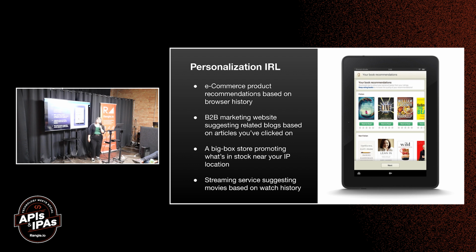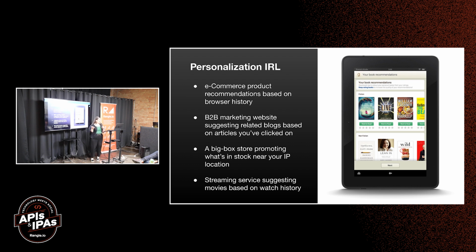So what does that look like IRL, in real life? You probably see it all the time on the internet. E-commerce product recommendations based on browser history: you search for some kind of product on a site, and it knows that you've looked for it there. A marketing site suggesting related blogs based on other articles that you've clicked on.